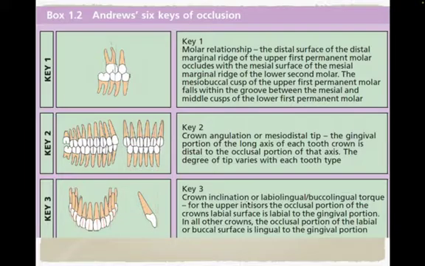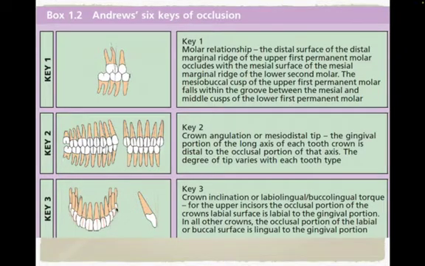So he said the crown inclination of the upper incisors is such that the occlusal portion of the crown labial surface is more labial compared to the gingival portion. However, only the incisors have what we call the positive torque, which basically means the occlusal portion of the labial surface is more labial than the gingival portion, which means that the root has to go palatal and the incisor gets a positive torque. So only the incisors have a positive torque.